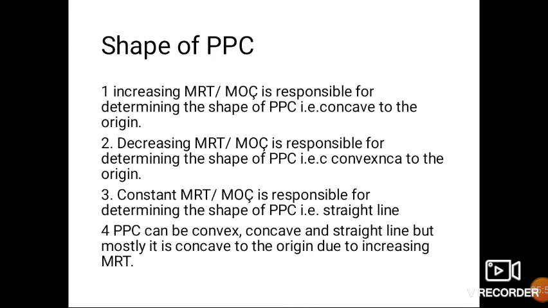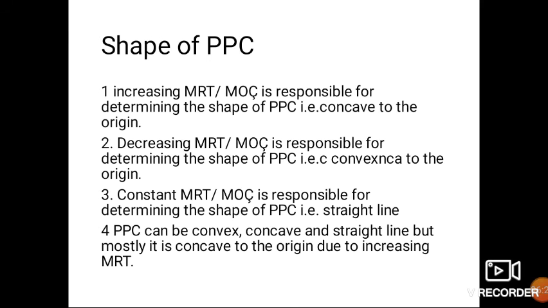Now in this case, for increasing 1 unit of x, Khetilal is sacrificing 4 units. This sacrificing ratio, if it goes on decreasing, then the shape of the PPC becomes convex to the origin.